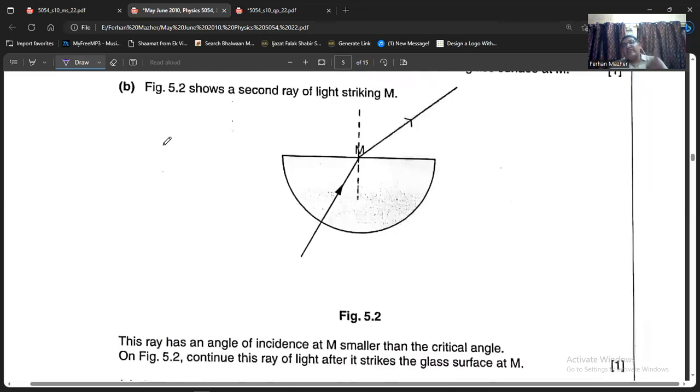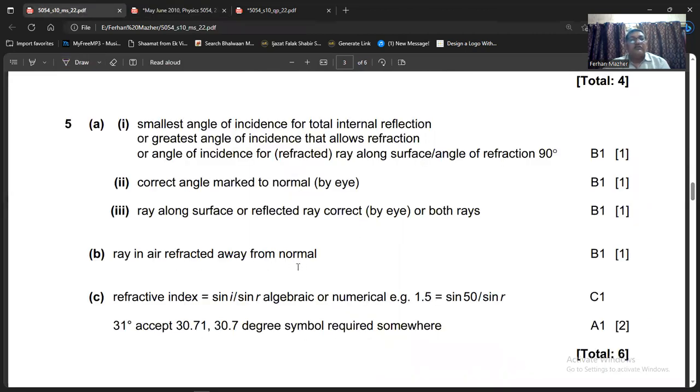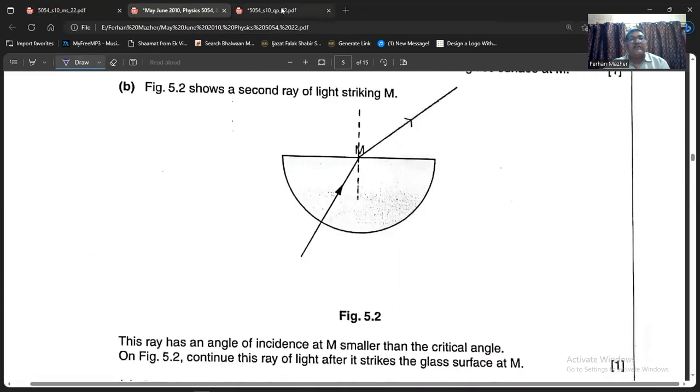The light will enter into the air. When it enters into the air, it will bend away from the normal, and you don't have to do the calculation here. You just have to change the path of the light. This was the original path. It will bend away from the normal.